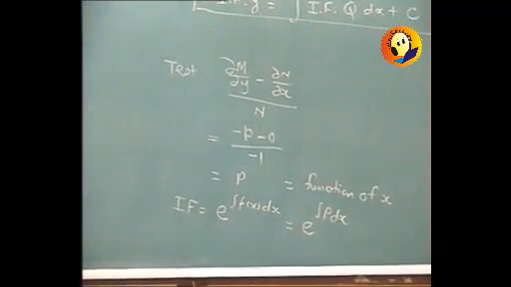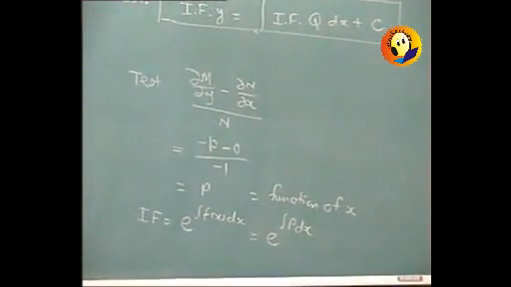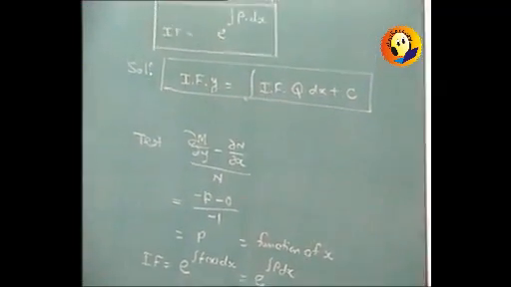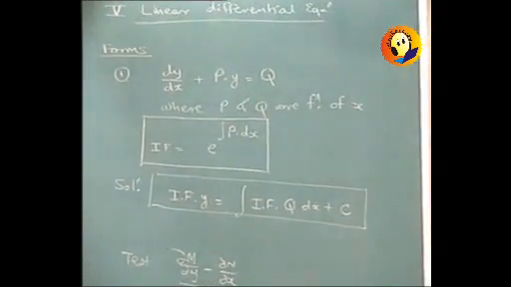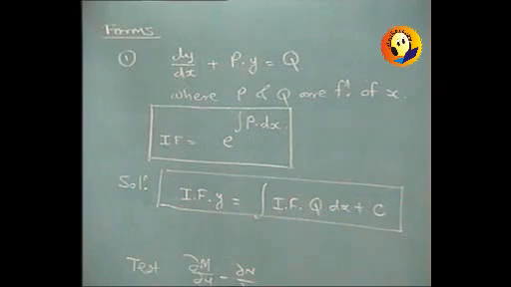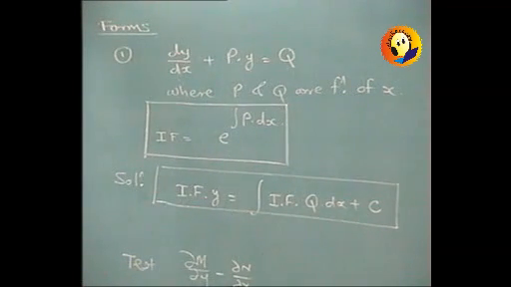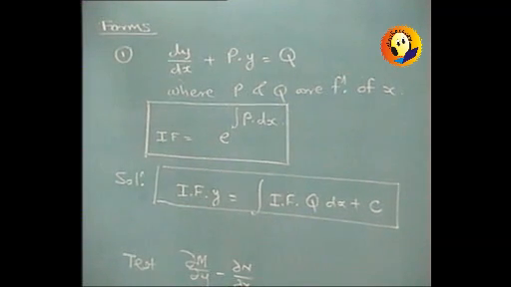Let us just repeat the process that we have over here. The differential equation was in the form dy by dx plus py equal to q, where p and q were functions of x. We have directly written integrating factor as e raised to integral p dx and the solution as if into y equal to integral if into q dx plus c.